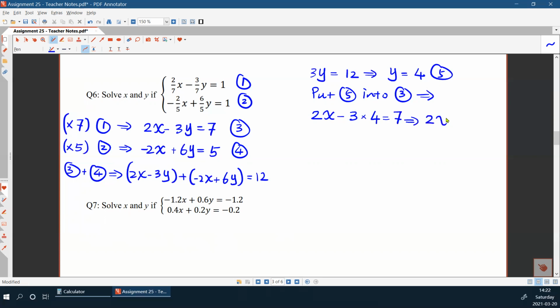So that means 2x equals 7 plus 12, which is 19, right? Okay, so that means x is 19 over 2. So now the final solution is x is 19 over 2. And at the same time, y is 4.